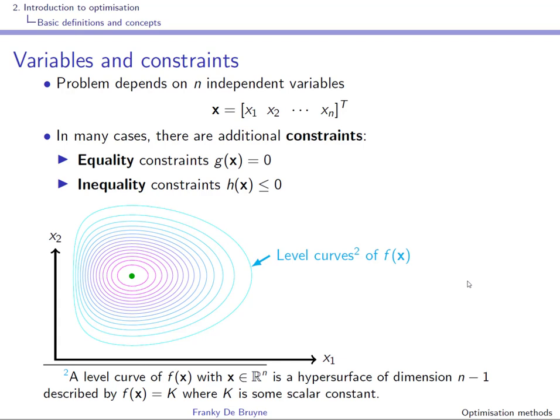In many problems there are equality constraints, and in this course the equality constraint will take the form g of x is equal to 0. In general, if x is in Rn, g of x equal to 0 will produce a hypersurface of dimension n minus 1.